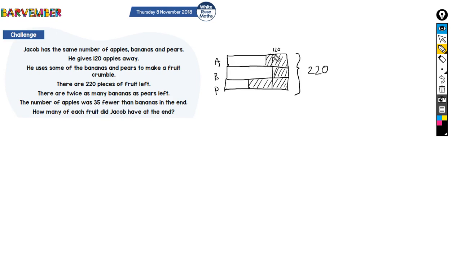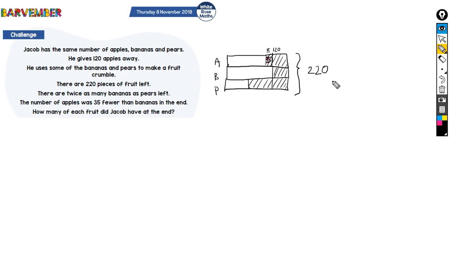And actually, if I do this, let me get a different colour pen. This is 35, that bit there. Okay, right, so let me think. I'm always looking for where I can get equal size parts here.